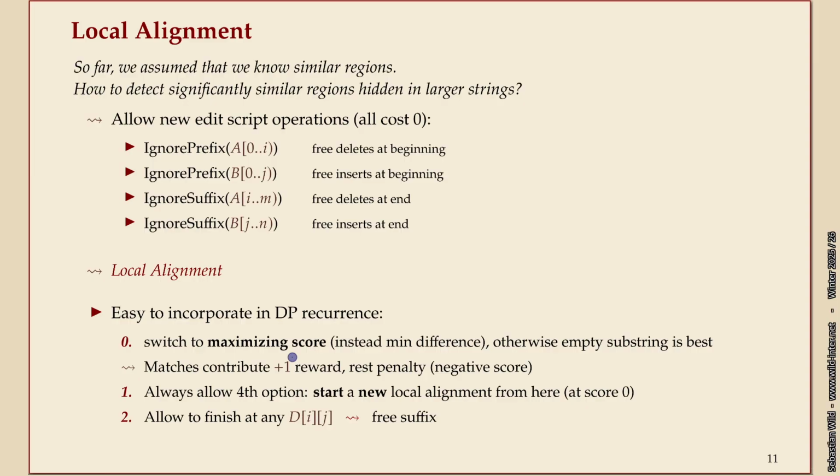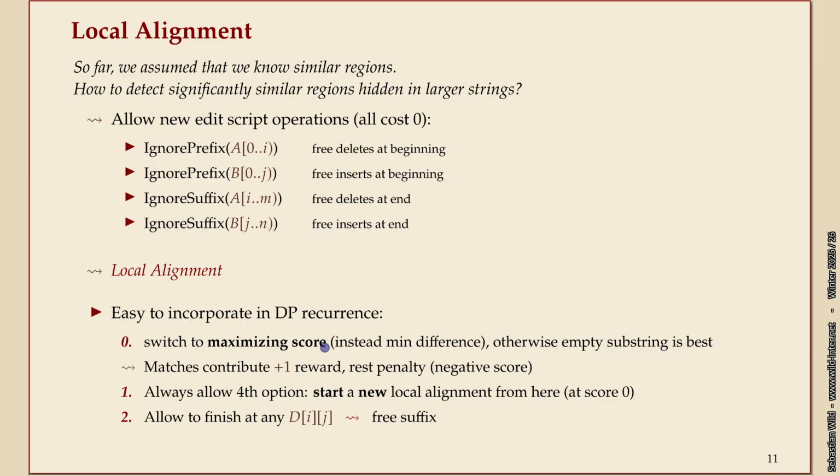It's essentially just putting the opposite sign there. And maybe while we're at it, we might as well give the matching parts an actual value so that we encourage the algorithm to pick the longest region that it can put in good alignment to the other string.